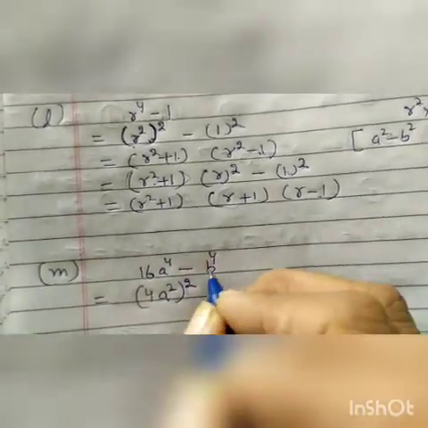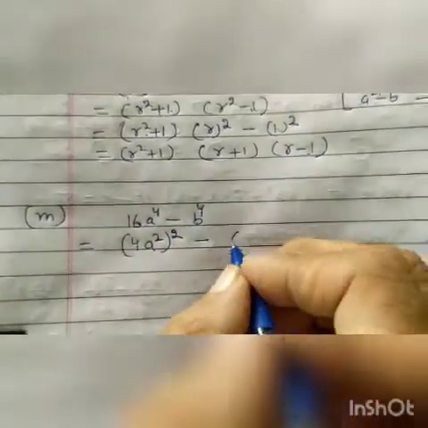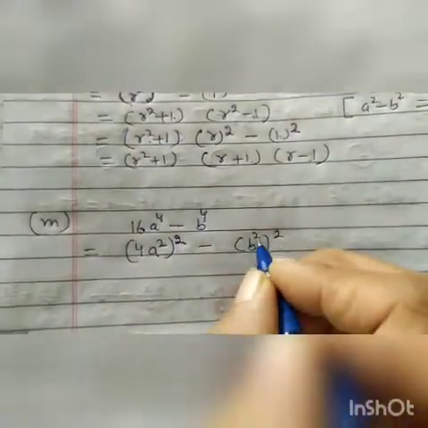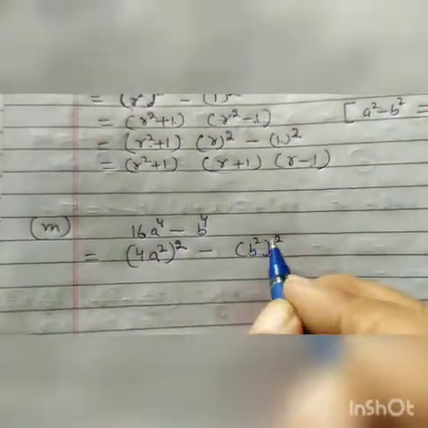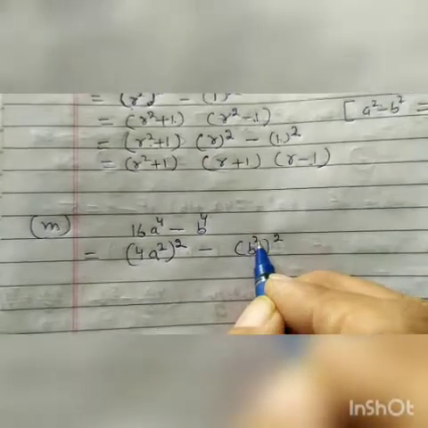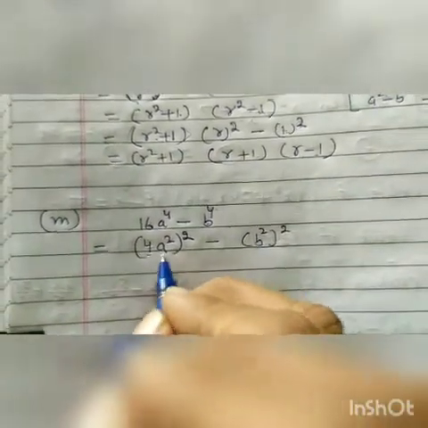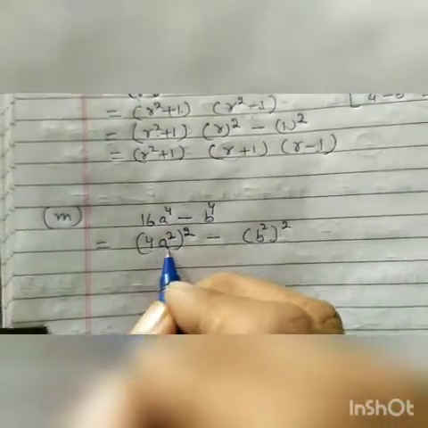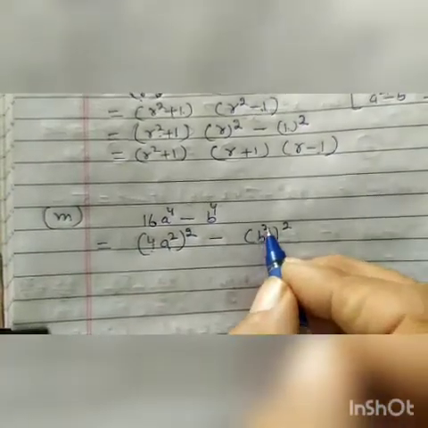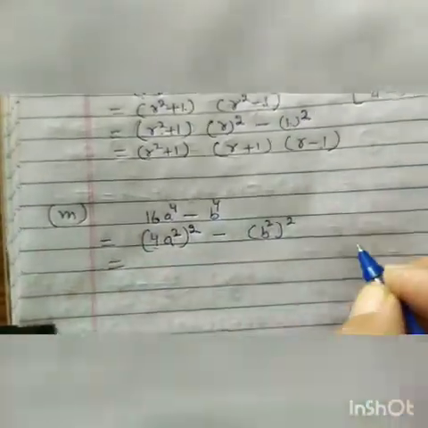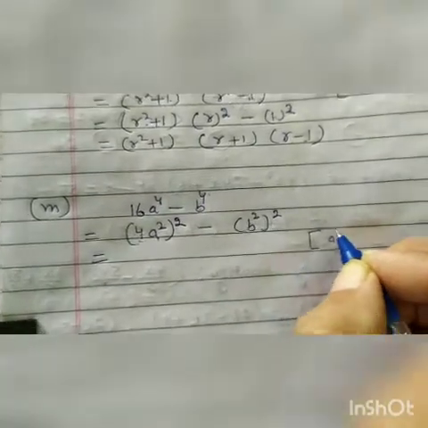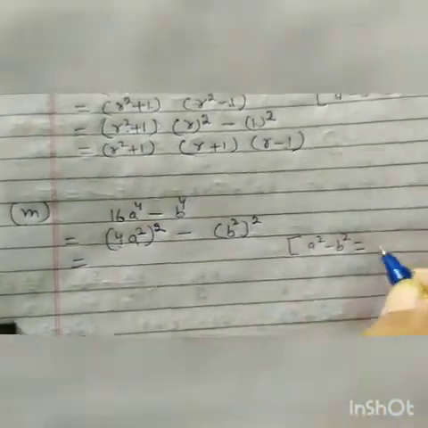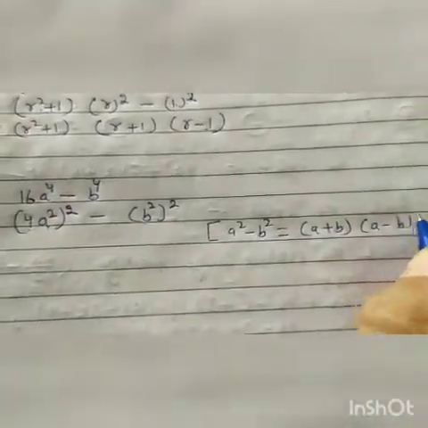Then this minus b power 4 is the square of b square. B power 4 is the whole square of b square. Now within the bracket, it is 4a square means a, and within the bracket it is b square, it is b. It means again a square minus b square is equal to a plus b and a minus b.